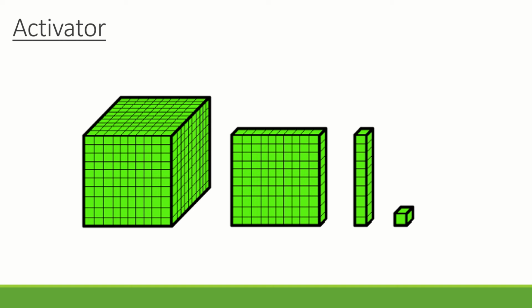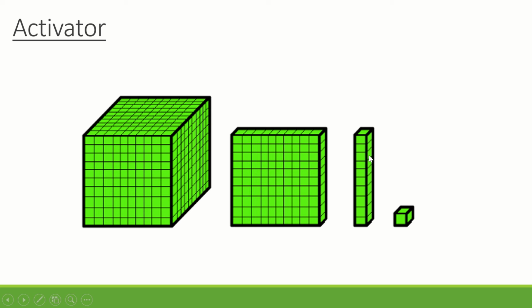I also know that a cube represents the whole number 1,000. And I know that to be true because there are 10 flats that can be used to make this cube, and a flat has a value of 100, so 100 times 10 gives me 1,000. I also know that each of these blocks, as I move to the left, has a value that is 10 times greater than the block to its right.